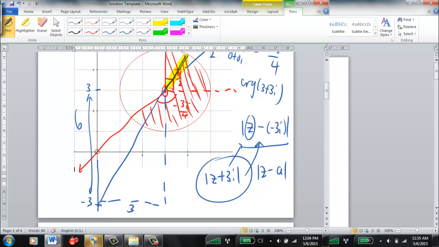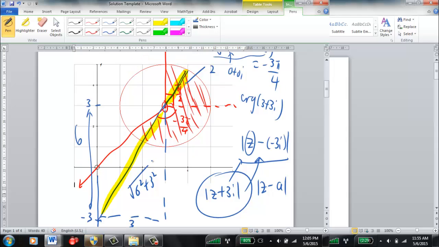Am I right? So this part here basically is square root 6 squared plus 3 squared. Can you all follow? So square root 6 squared plus 3 squared plus 2 will give you the entire distance from negative 3i all the way to the extreme of z.